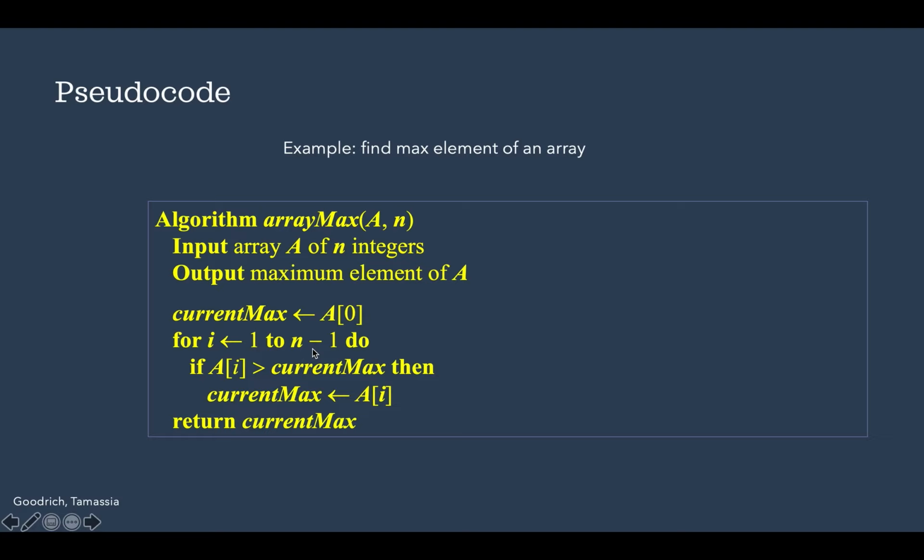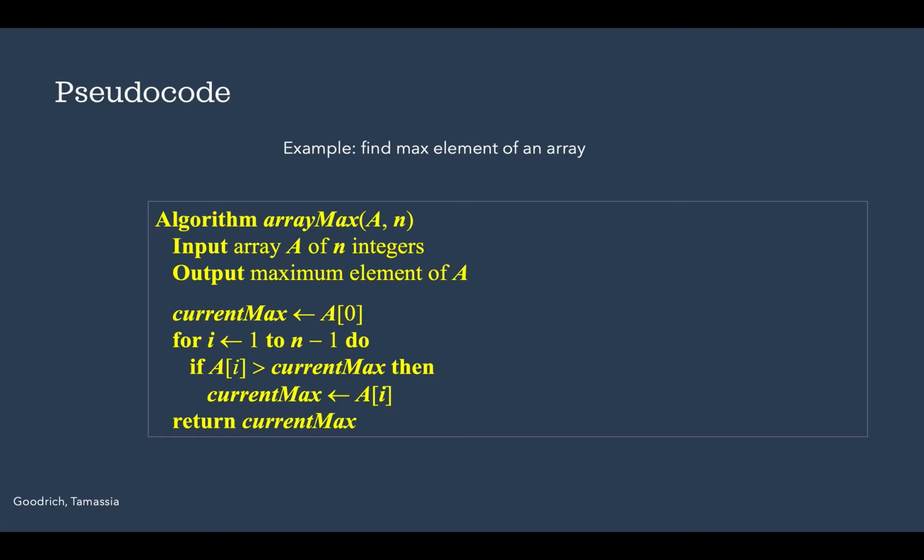Then you run a loop, and inside the loop you repeatedly compare each element in the array with the current max. If the element I am considering is greater than current max, then I reassign the value of current max, and finally return current max. So this is the algorithm for finding the maximum element of an array.